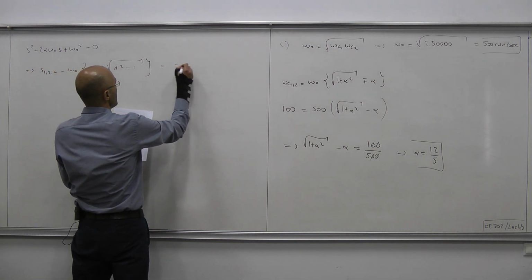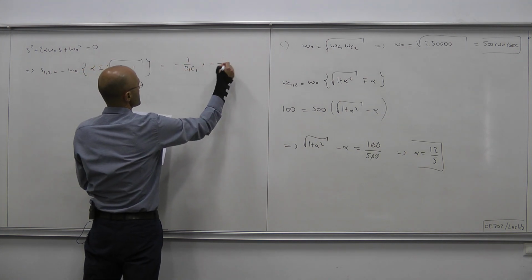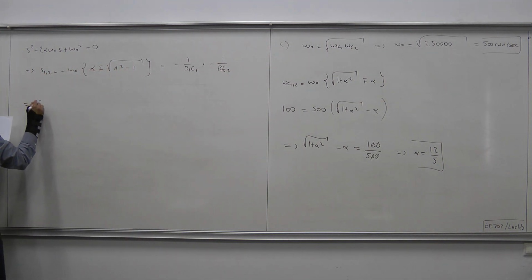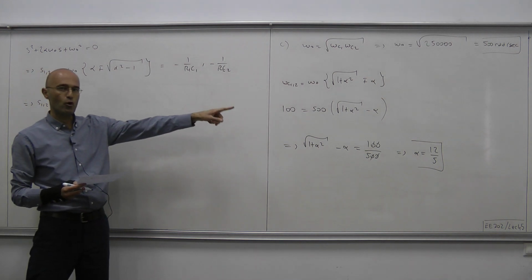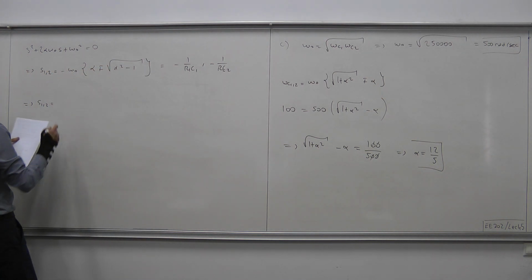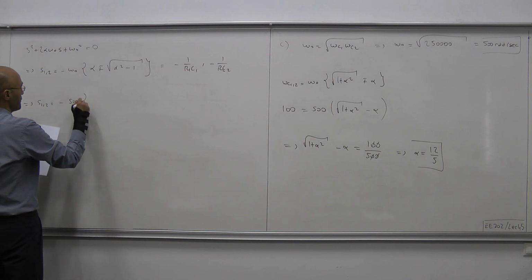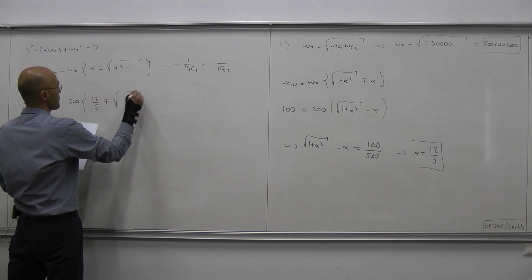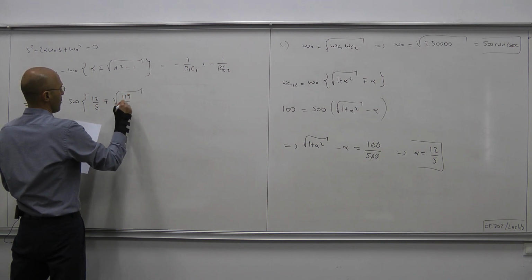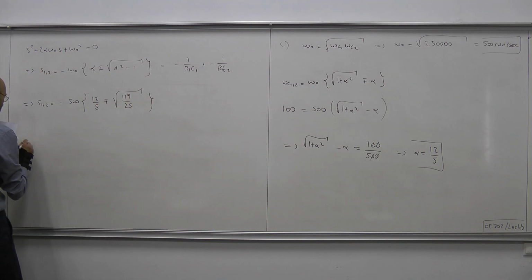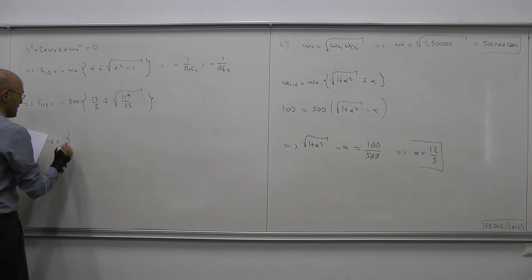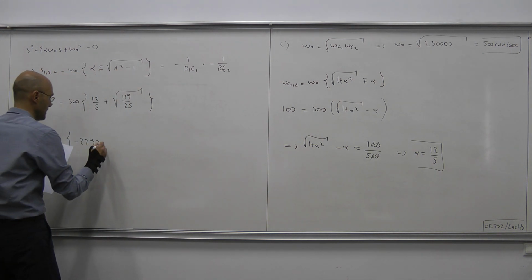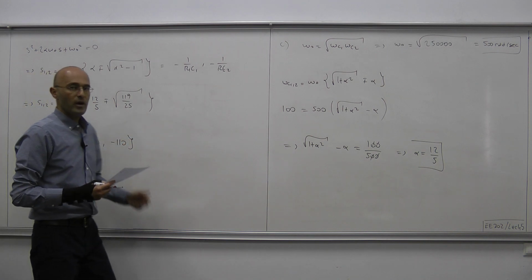So S1,2, using the numerical values that we obtained for omega 0 and alpha, equals minus 500 times 2.4 plus or minus the square root of 2.4 squared minus 1, which produces S1,2 equals approximately minus 2290 and minus 110.